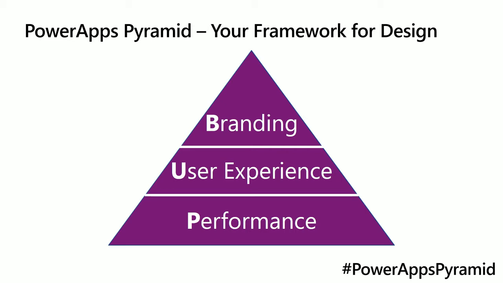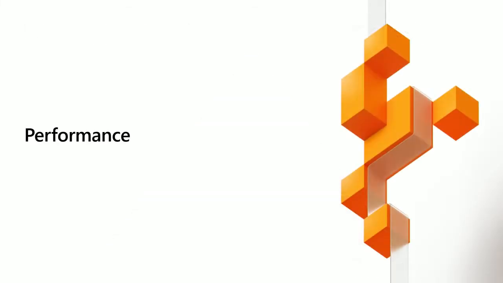Now what bells and whistles can we add to that app to really make it pop? Do we have a consistent color scheme? Can we have some great visuals in there and a good design? That's the icing on the cake. So if you remember the acronym PUB, then you'll remember the PowerApps Pyramid and the 3 things that you want to watch out for to make sure that you have a nice, beautiful, well-designed Power App. Okay? All right. So diving right in, let's talk about performance first, and we'll work our way up.